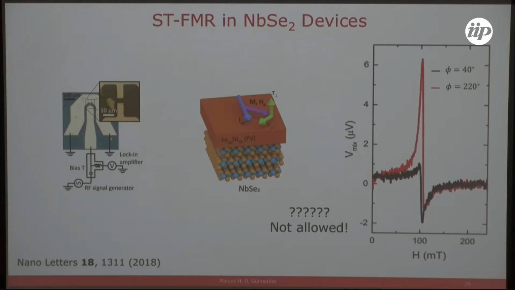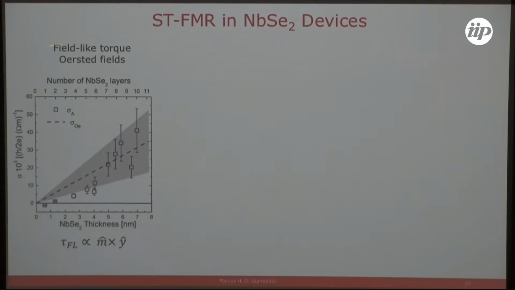For that, we made a series of devices with different thicknesses. If you look at the field-like torque, which would be coming from, for example, Oersted fields from current flowing through the niobium diselenide, versus niobium diselenide thickness, it nicely falls into a linear behavior, right? Exactly what you would expect from a current flowing in niobium diselenide.